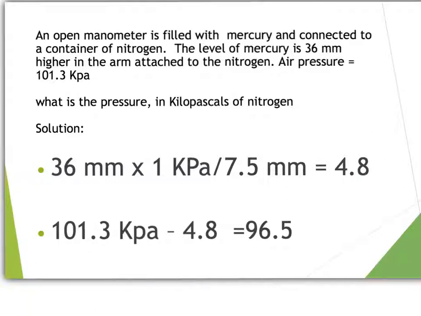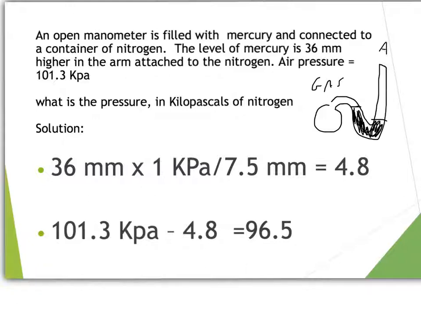Now I do like to sketch out our drawing just to see what's going on in our problem. So when we sketch this out, our problem says that we have a higher level in the gas arm than we have in the atmospheric arm. Here we have the gas and here we have the atmospheric.